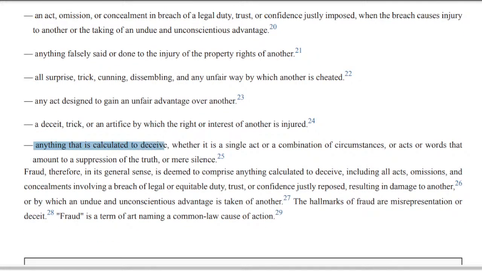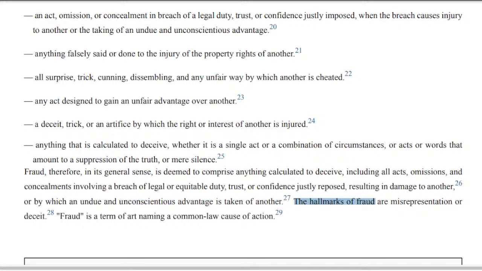Anything that is calculated to deceive, whether it is a single act or a combination of circumstances, or acts or words that amount to a suppression of the truth, or mere silence. Fraud, therefore, in its general sense, is deemed to comprise anything calculated to deceive, including all acts, omissions, and concealments involving a breach of legal or equitable duty, trust, or confidence justly reposed, resulting in damage to another, or by which an undue and unconscientious advantage is taken of another.